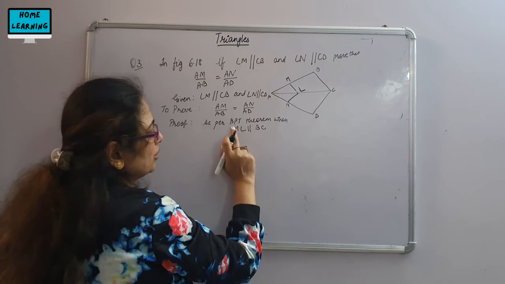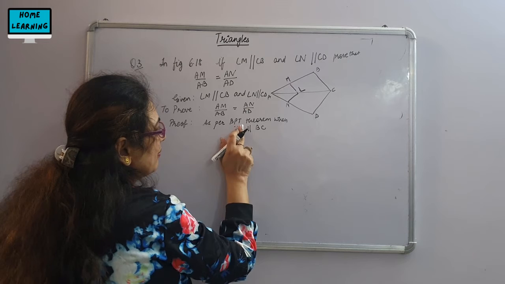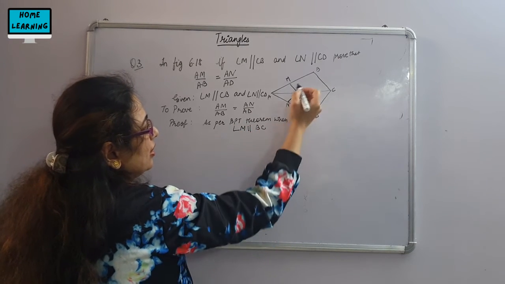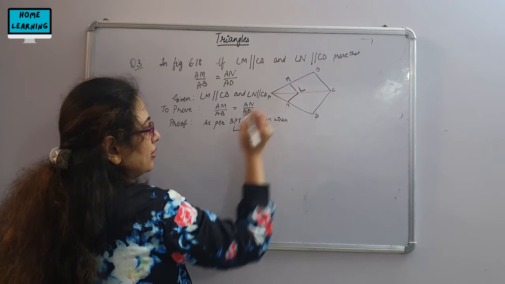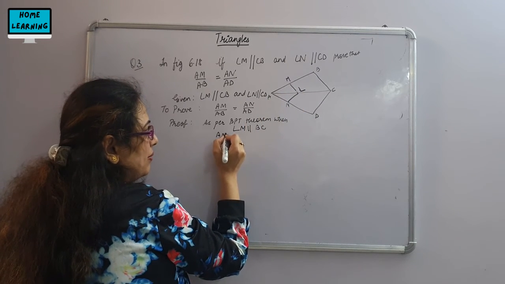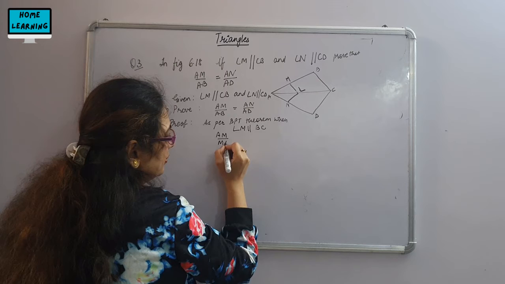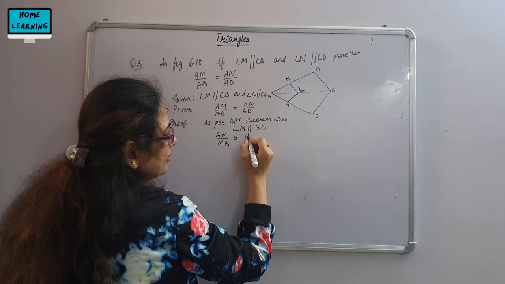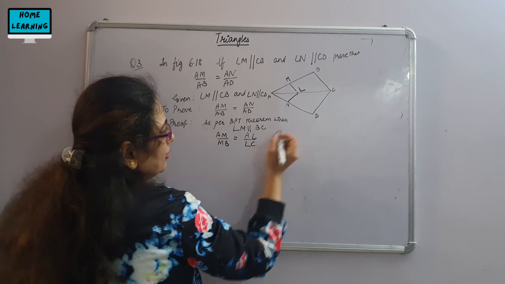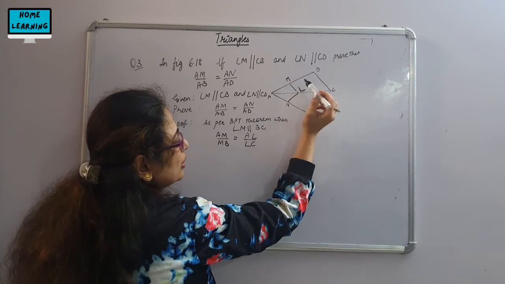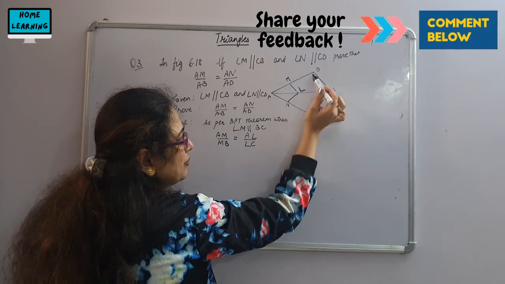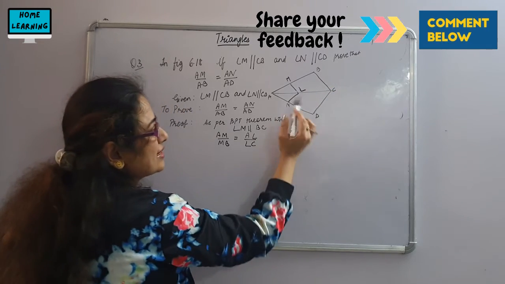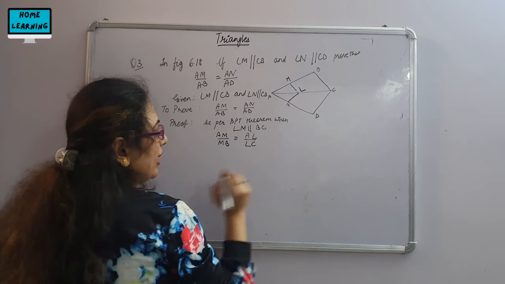You will write it as LM, not ML. When LM is parallel to BC, then AM upon MB is equal to AL upon LC. We have done this previously also in the BPT theorem, that whenever there is a parallel line, the sides are divided in the same proportion as the other side of the triangle.